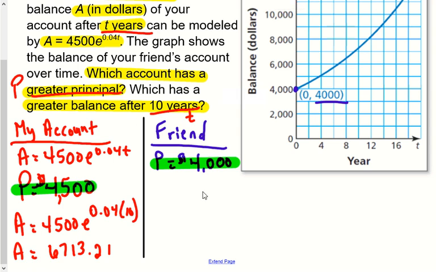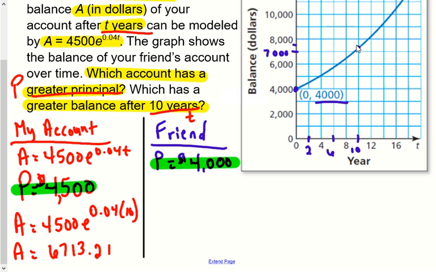And then for the friend, what you're going to do there is just look at your graph. So here we have 2, 4, 6, 8, 10. So when T is 10, or my year is 10, I'm going to go up to my graph. If 6,000 is here, 8 is here, that means I'm going to have 7,000 here. Well, halfway between 7,000 and 8,000 would be 7,500.